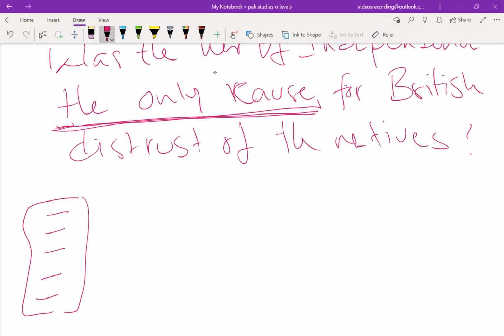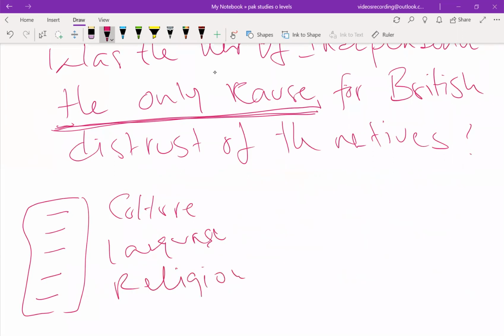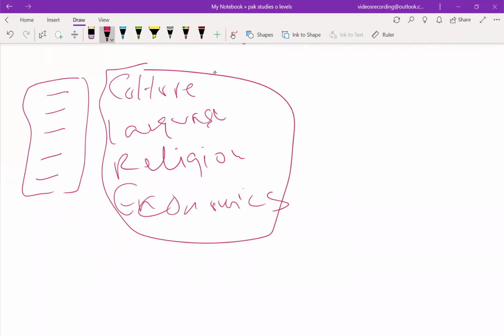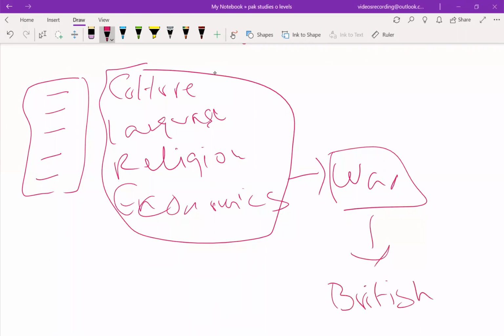So, for example, culture could be one thing, language, religion, economics. All of these things led to war, and all of that basically led to British distrust.